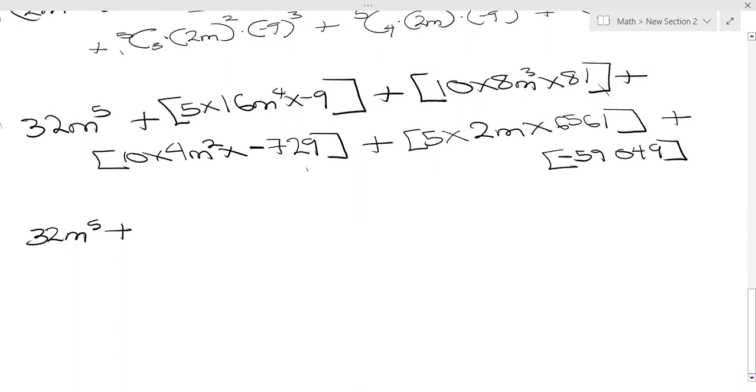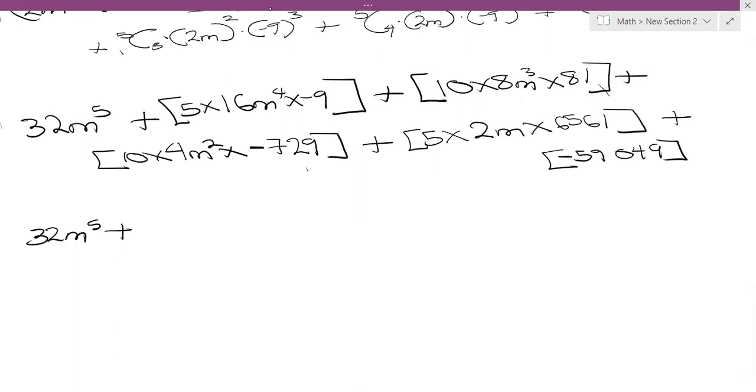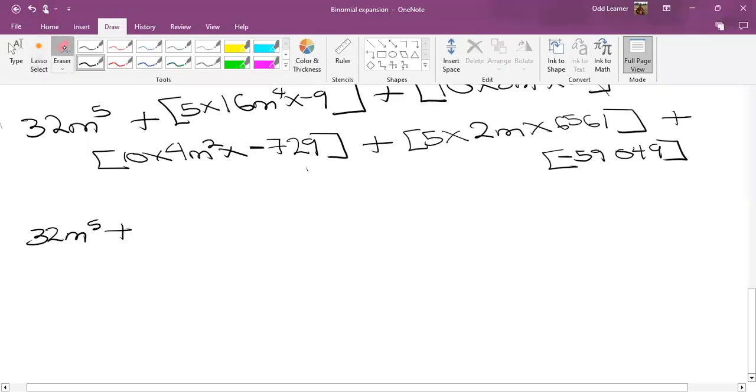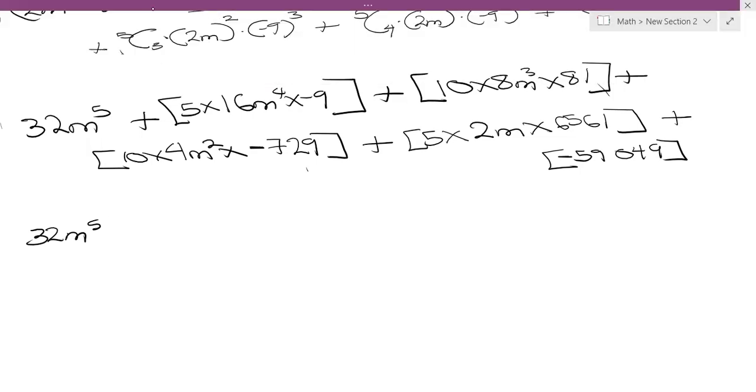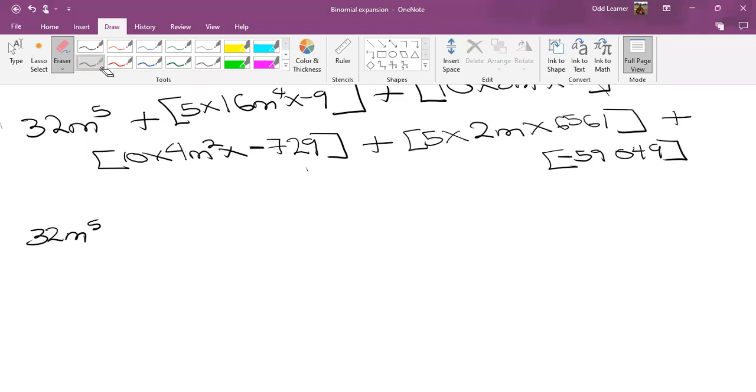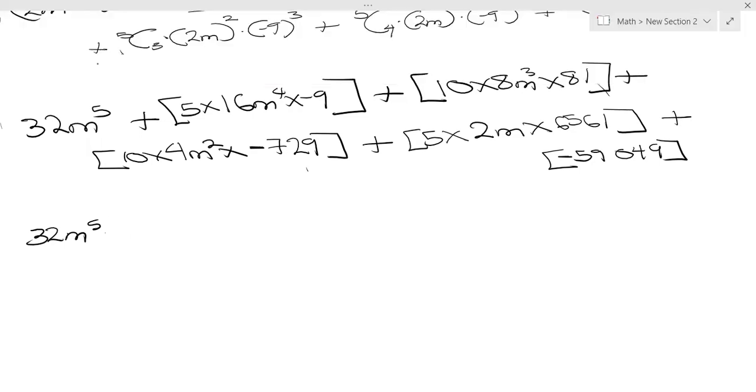So that'll be minus 720. So we can remove this plus here. It's going to be a minus 720m raised to the power 4.